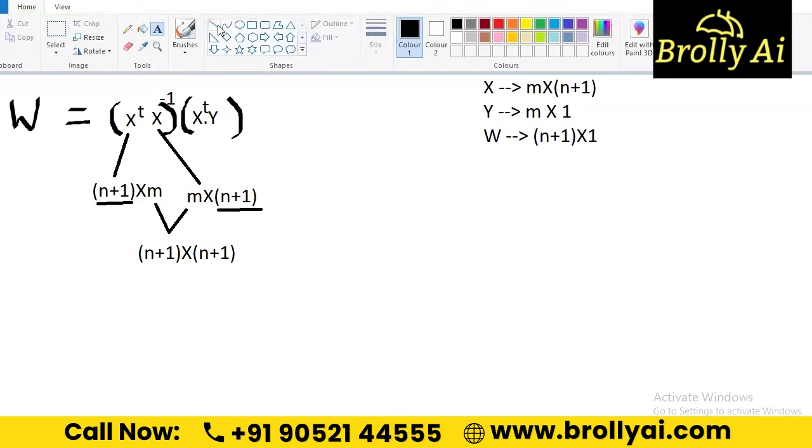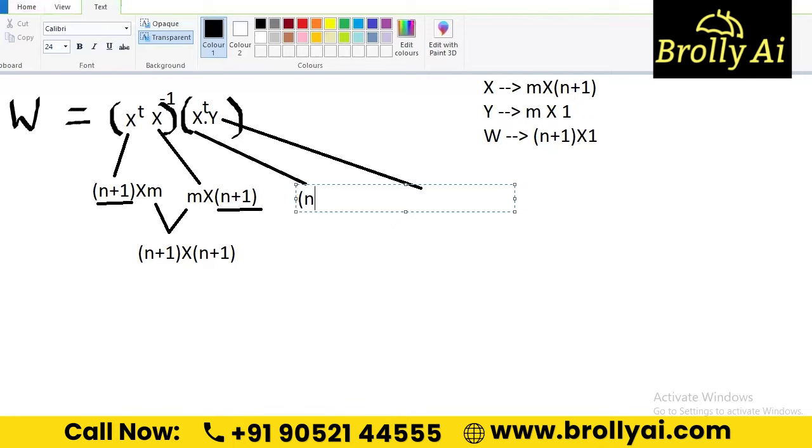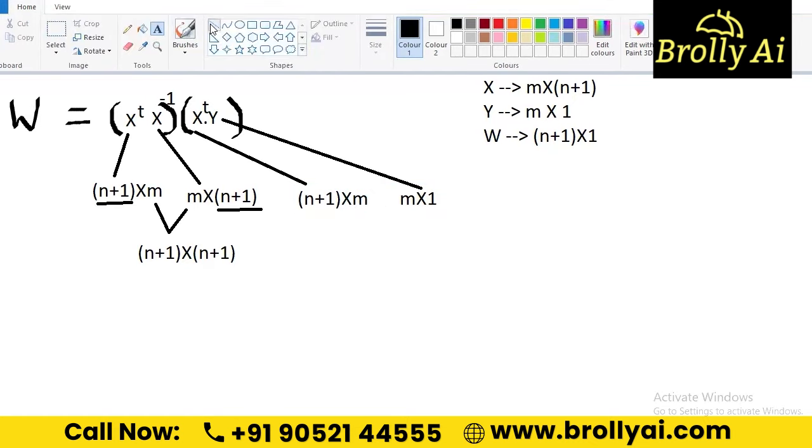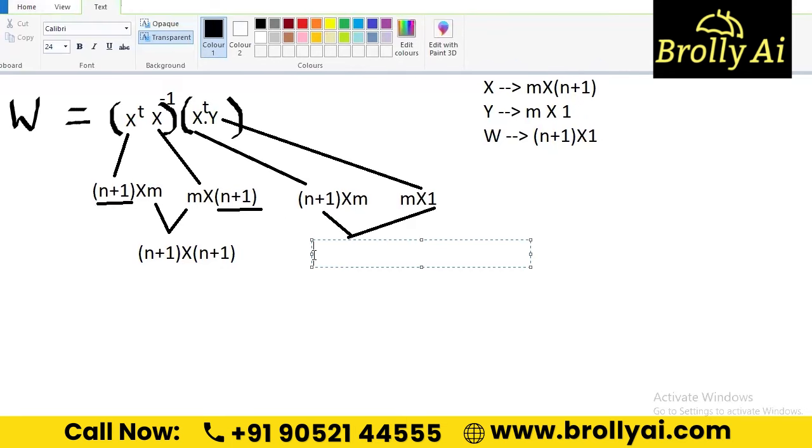Similarly, find out the right side expression, only for the right part. The X transpose size is n plus 1 by m. Y size m by 1. Again, number of columns and number of rows match. Final result: n plus 1 by 1.